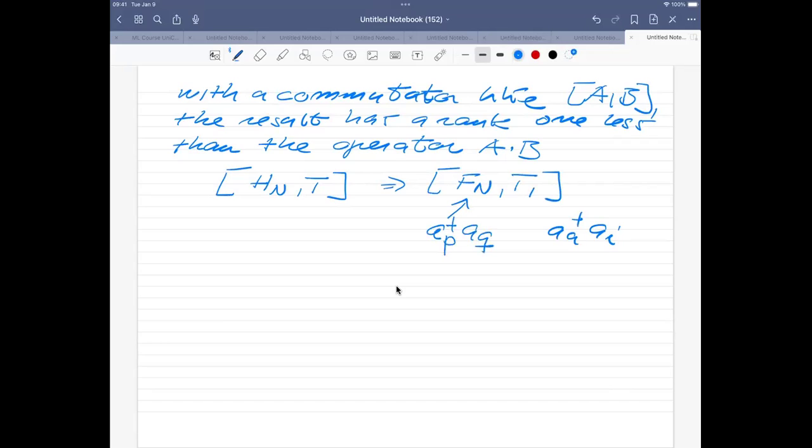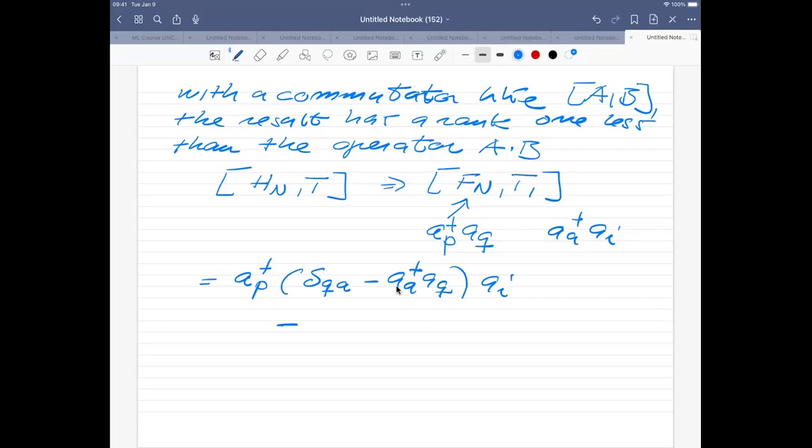If I now rewrite this equation here, when I set this in, I'm going to have an a_p dagger, and I'm going to have a delta_qa minus an a_a dagger a_q, so I'm just ordering the operators now so that I can cancel a specific term, minus.